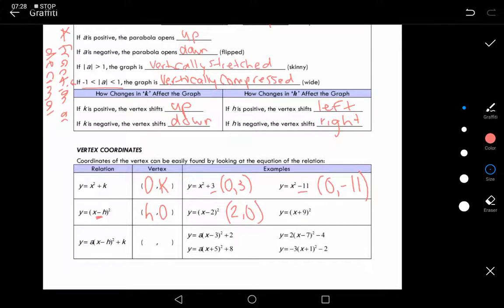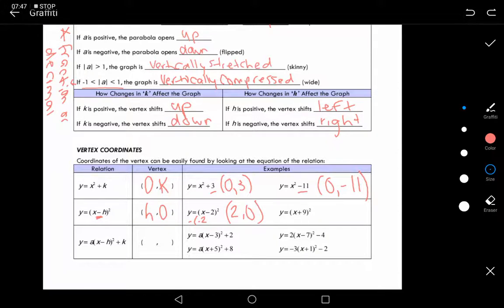So technically, we subbed in positive 2 here. Okay, if we subbed in negative 2, if our h value is actually negative 2, then it would appear as positive 2 because it would be minus negative 2, which is the same as plus 2.